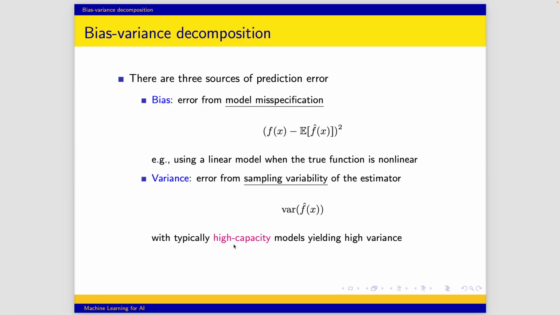So as a general rule, the higher the capacity of the model, the higher this component of the error is. The bias error tends to come when we have models that are too simple, low capacity, or lower capacity than is actually required, because then we are far away from the true function. So this was an example where we're using a model linear in x to model a function that is nonlinear in x.